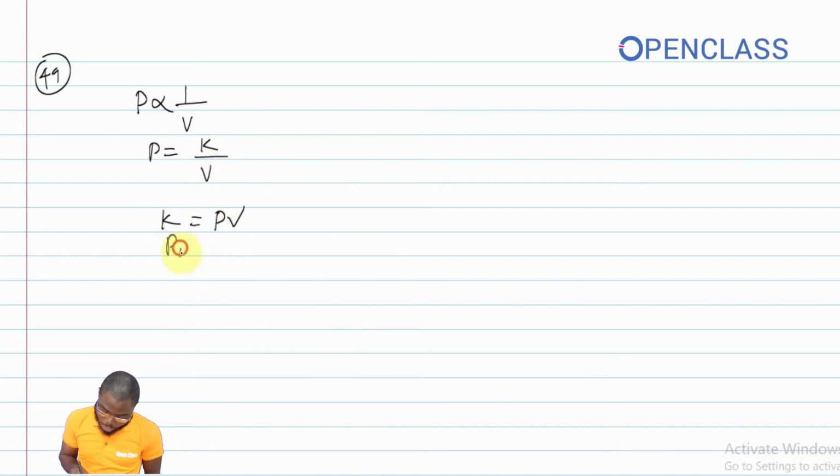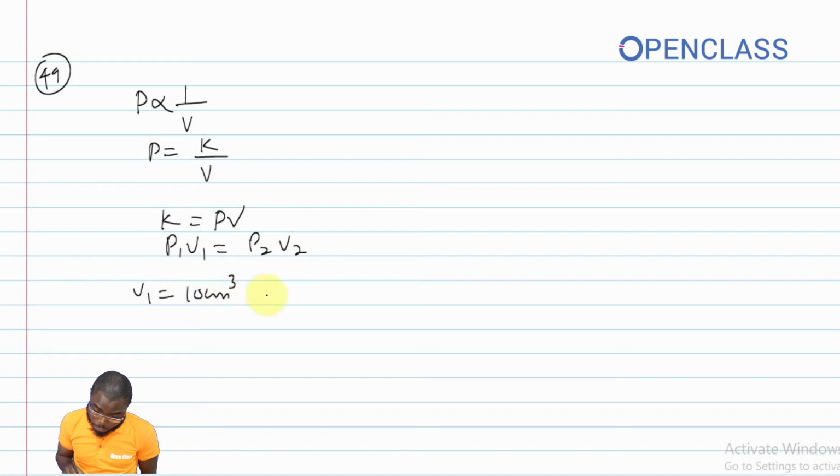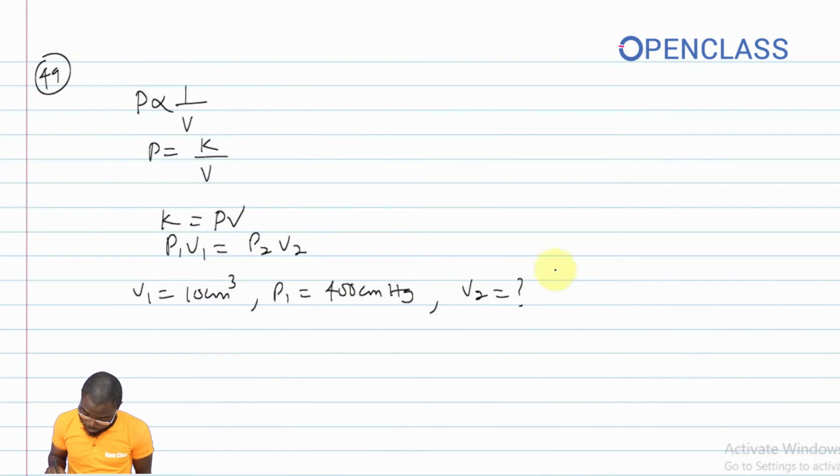From here you have P1 V1 equals P2 V2. We're given the first volume V1 to be 10 centimeter cube, and P1 to be 400 centimeter of mercury. We're asked to calculate V2 when P2 is 200 centimeter of mercury.